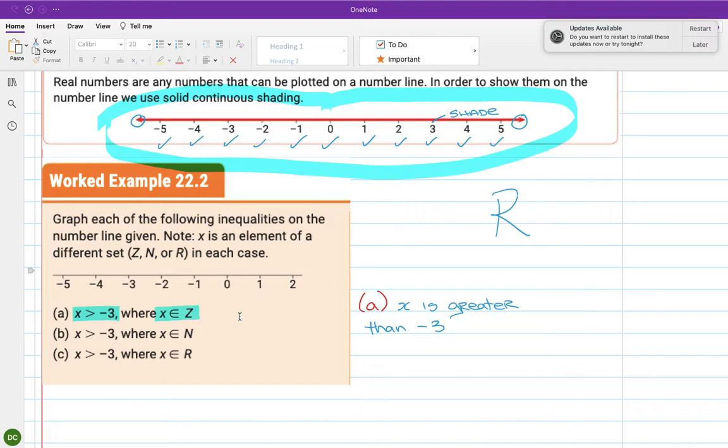And then that says that x is an integer. Yeah? So greater than -3, we're talking about -2, -1, 0, 1, 2. Could we go bigger? We could. So I'll put an arrow to show that it doesn't stop at 2.